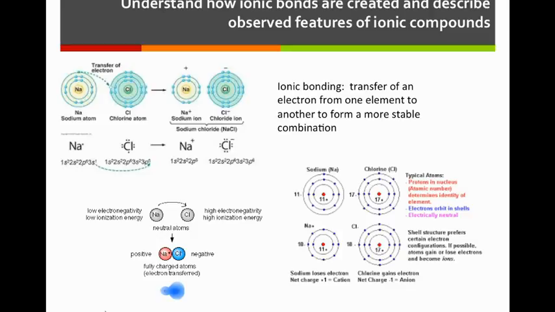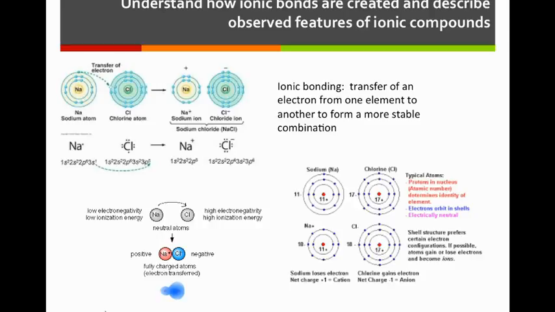Now, we often see this happen with elements that have low electronegativity versus an element that has high electronegativity. Or similarly, an atom that has low ionization energy and one that has high ionization energy.